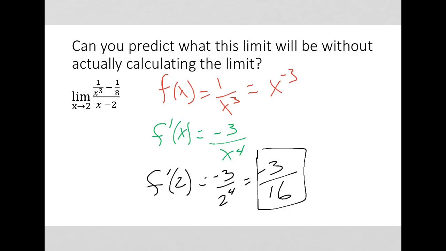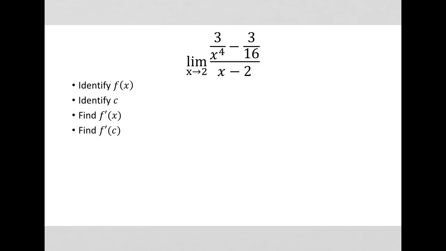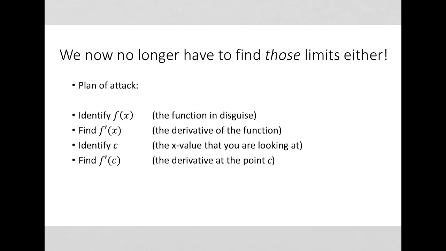We can recognize that that is asking for the derivative at the x value of 2, and we can just jump to that answer instead of going through the limit process. So again, you should identify your function. I would then find the derivative, f prime of x, figure out what value we're trying to find the derivative at, and then plug it in to the derivative function.